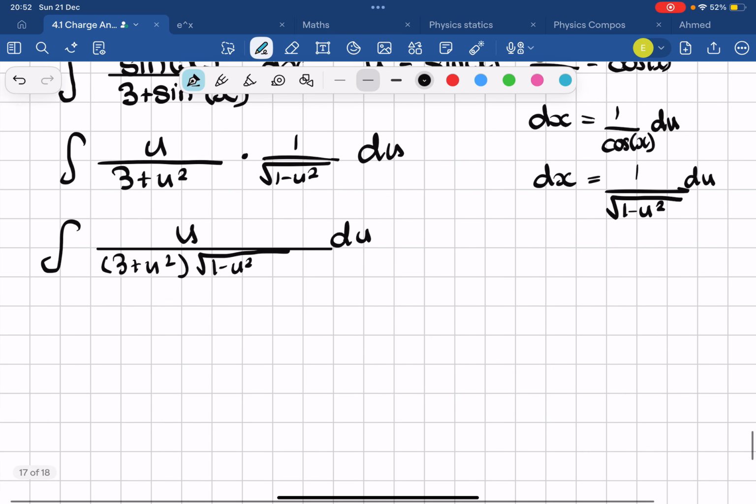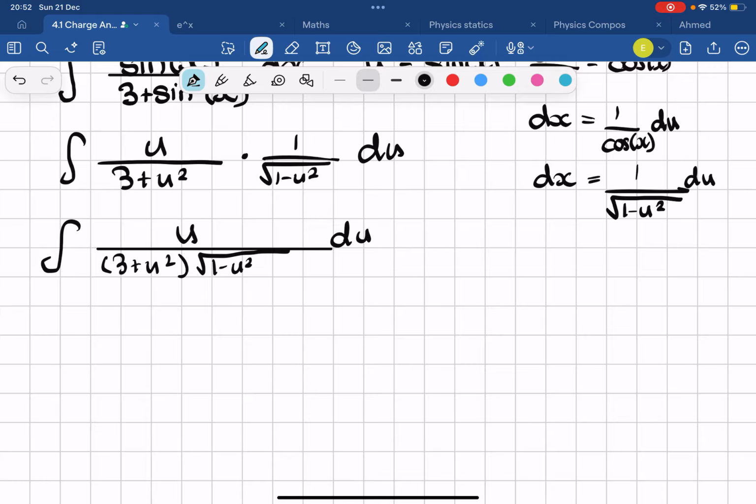Okay, can't simplify any further, so let's go straight to integrating. Now I'm going to be honest, this is nasty to integrate. So we can conclude that sine x was not the optimal substitution.